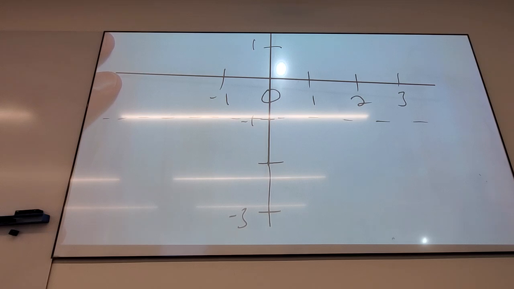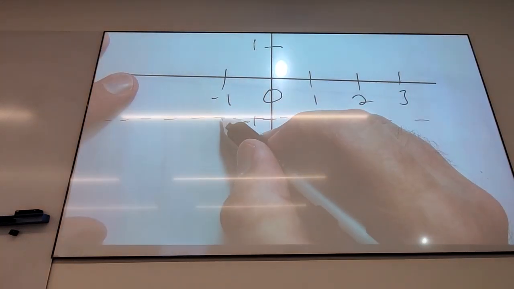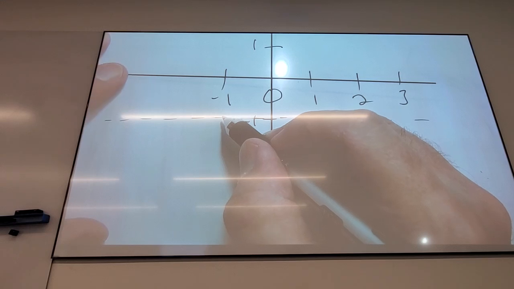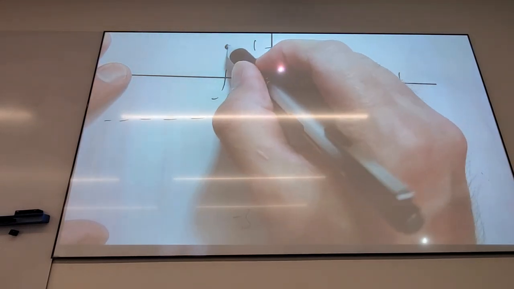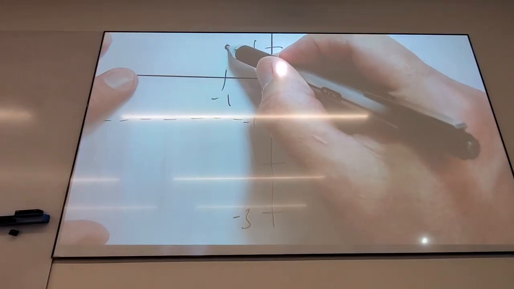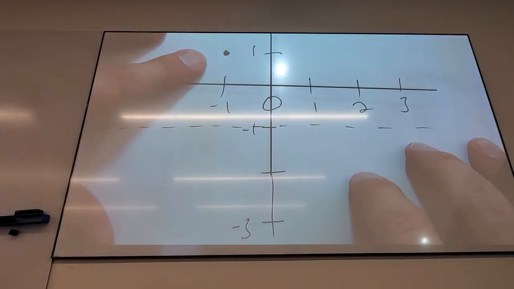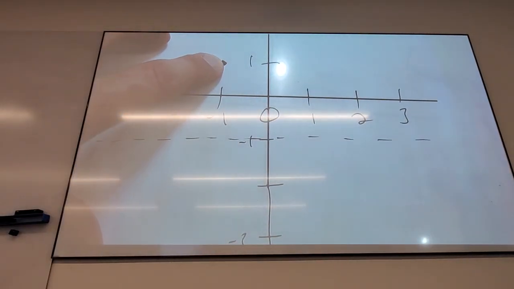Okay. All right, let me see if you guys are really with me. So what function do we have? Cosine. And I'm starting at -1, correct? And where does cosine start? At its maximum. Then it goes where?